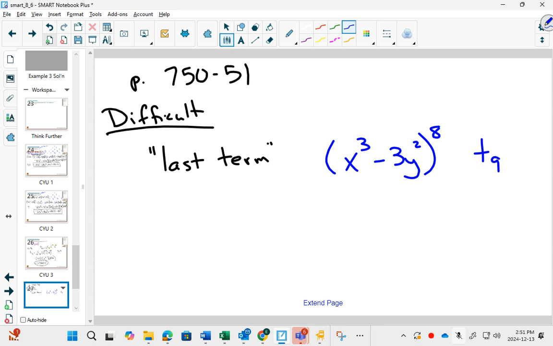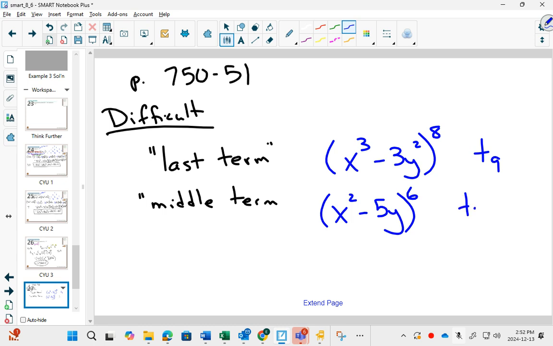Okay? Sometimes a little bit more difficult than the last term, they're going to ask you to find the middle term. So if I had x squared minus 5y to the 6, which is the middle term? Term 4.